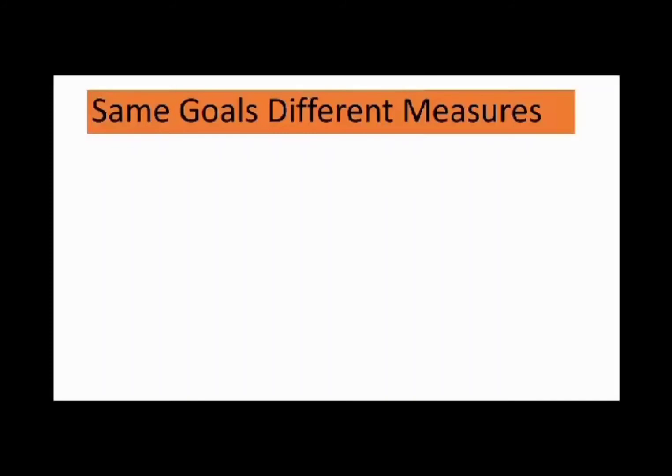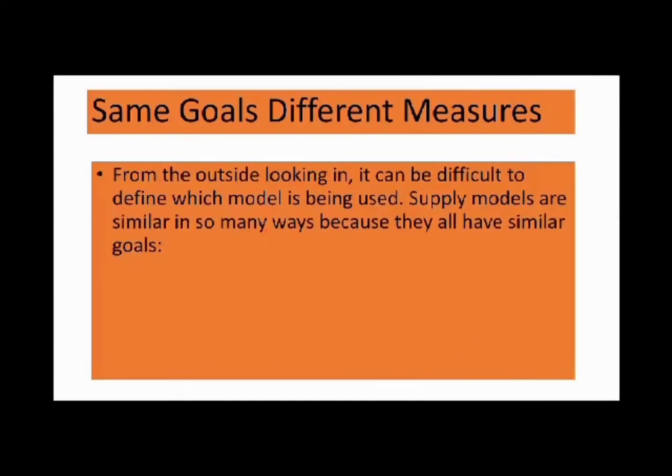Same goals, different measures. From the outside looking in, it can be difficult to define which model is being used. Supply models are similar in so many ways because they all have similar goals. So there are different types of supply chain models, but they are similar in a way that they all have similar goals.